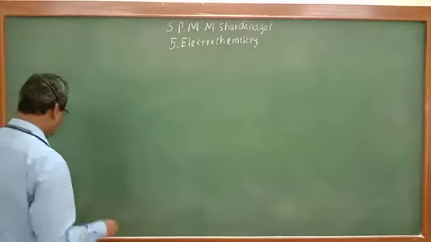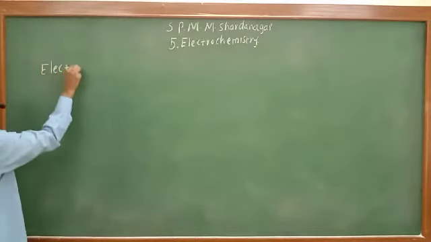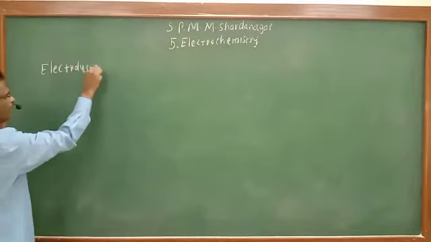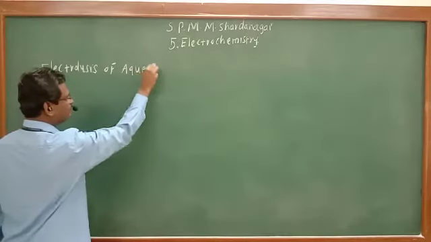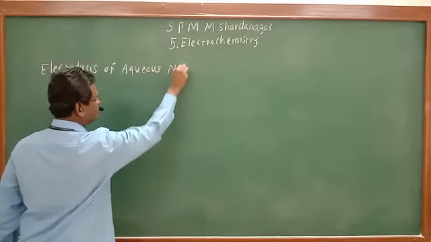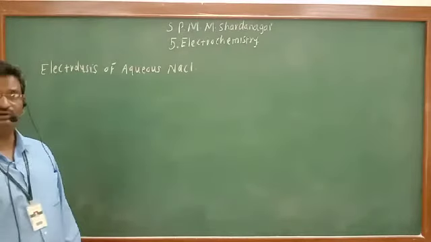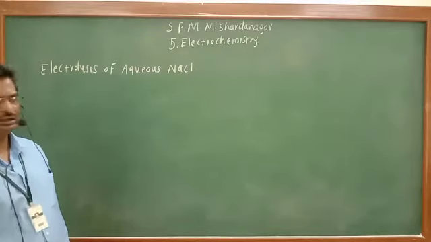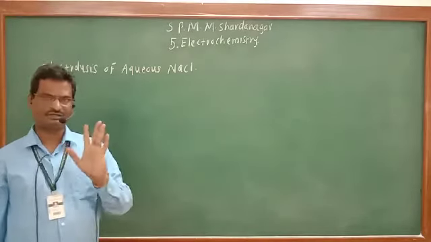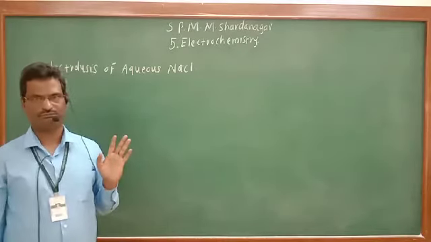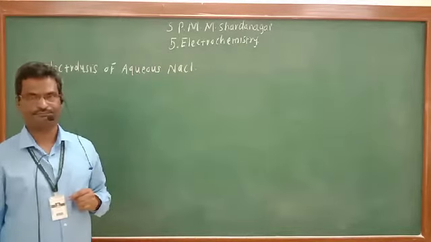And over here we have to study now the electrolysis of aqueous NaCl. See, electrolysis of molten NaCl and aqueous NaCl is carried out in the same cell known as the electrolytic cell. Construction is the same.